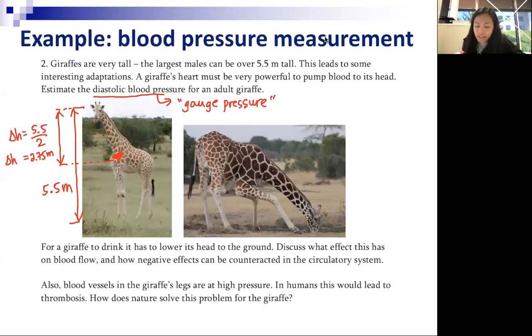It's not explicitly given in the problem, but the density of blood will be needed because it's the blood, the fluid that's being pumped over this 2.75 meter height. Okay. The density of blood is 1060 kilograms per cubic meter, which we've seen in the earlier slides. And that is probably one of the important constants that you'd want to put in your formula sheet if you're building a formula sheet.